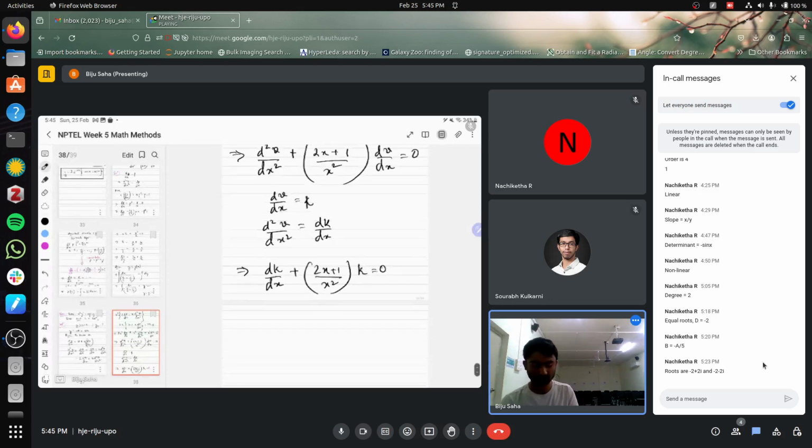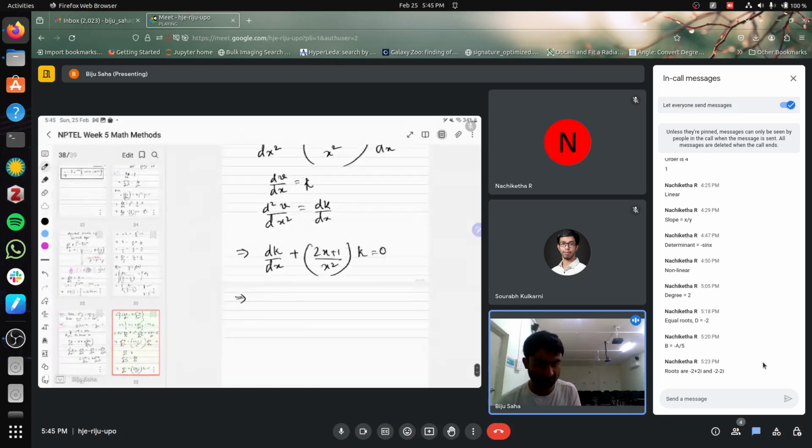If I can make this change, then your form changes to something like this. Now we have reduced it down to a very simple form, like we can easily make the variable separation.